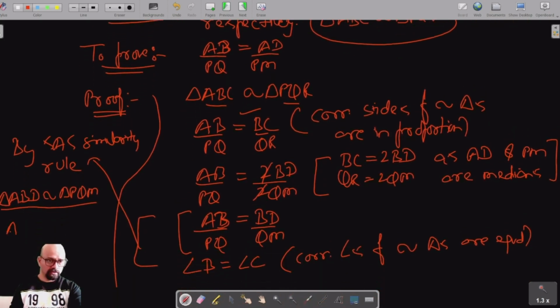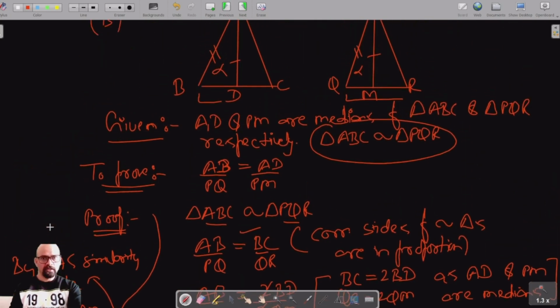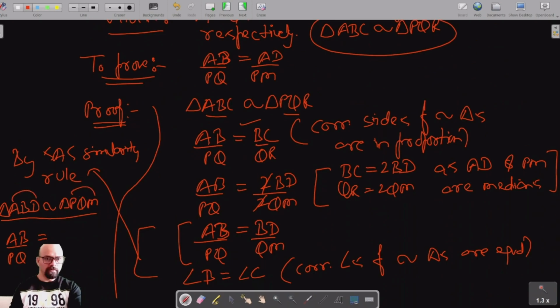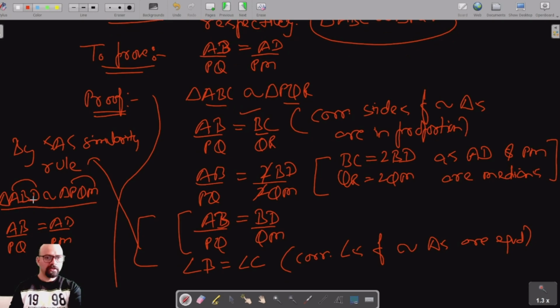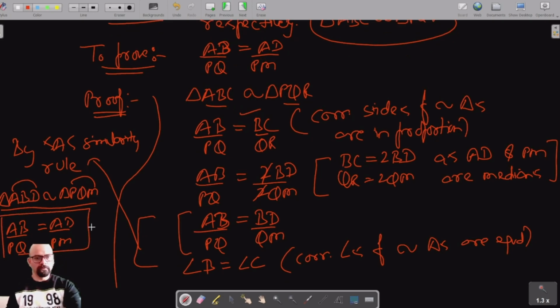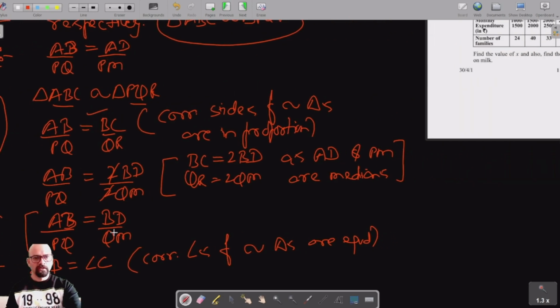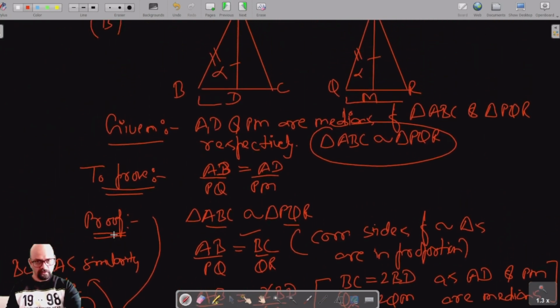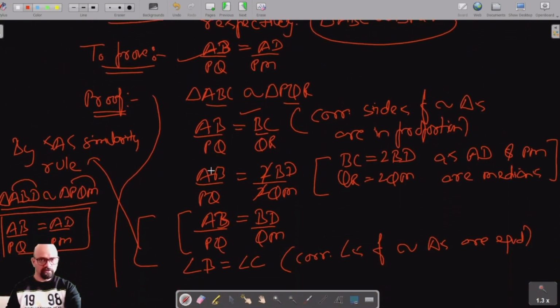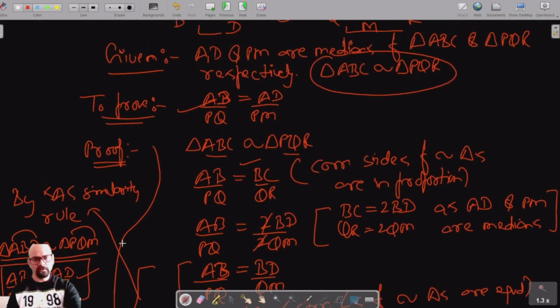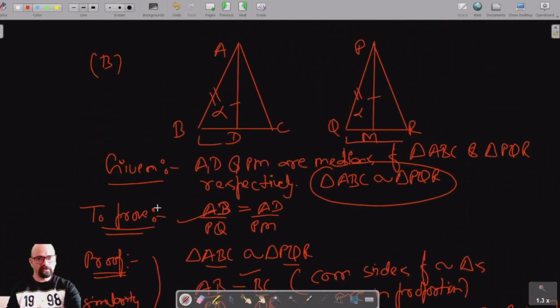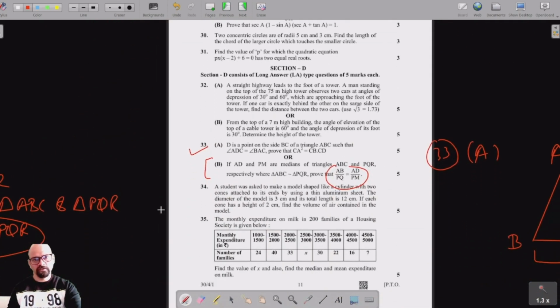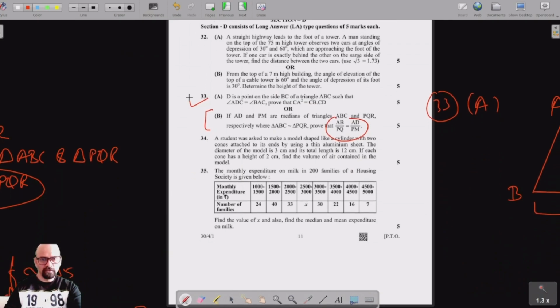So we can write AB by PQ is equal to AD by PM. Okay, so this solves our question. We have to prove that AB by PQ is equal to AD by PM, and we have got the desired result by proving these two triangles are similar. And this solves our question number 33.